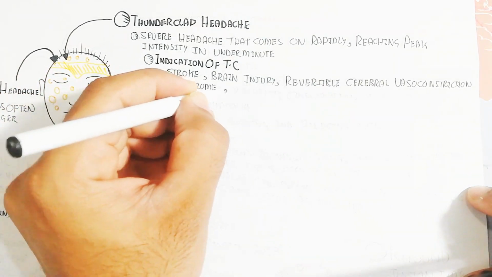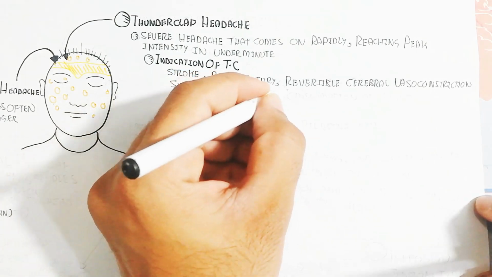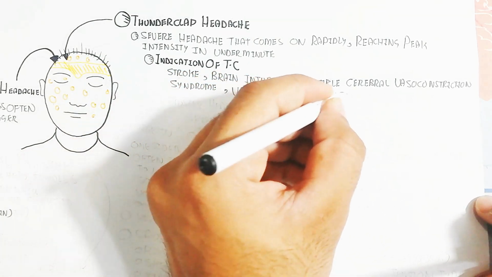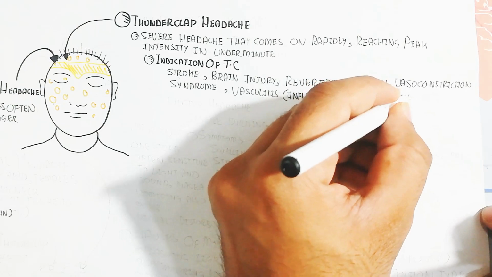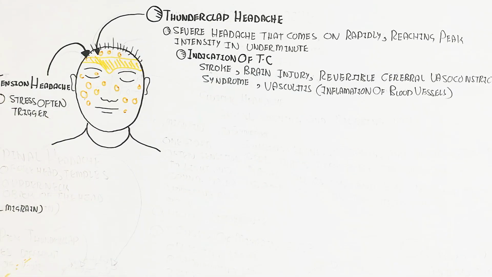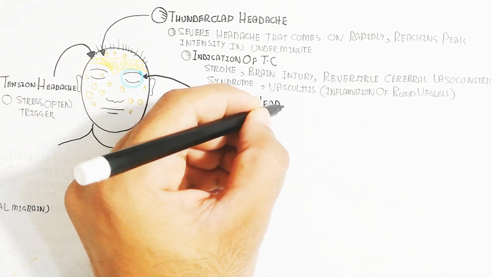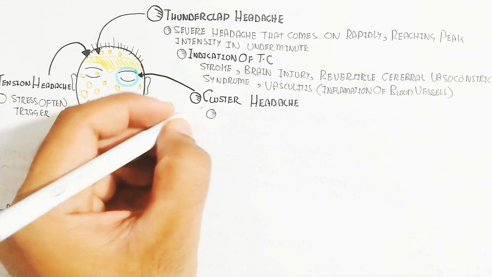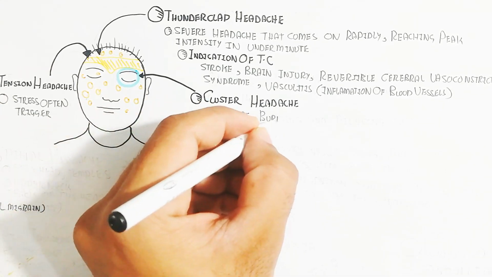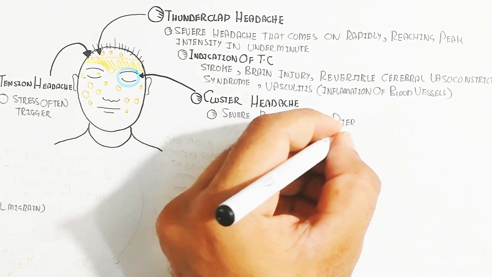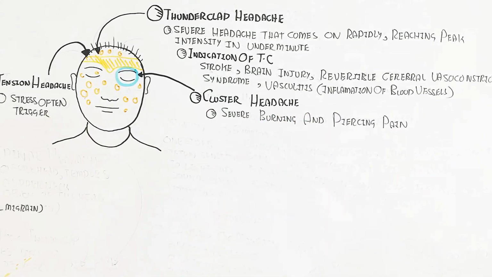The cluster headache is a severe burning and piercing pain due to stress, and in this way it surrounds the eyes, even one eye. This cluster headache is also involved with the migraine, and it also causes the stress response.